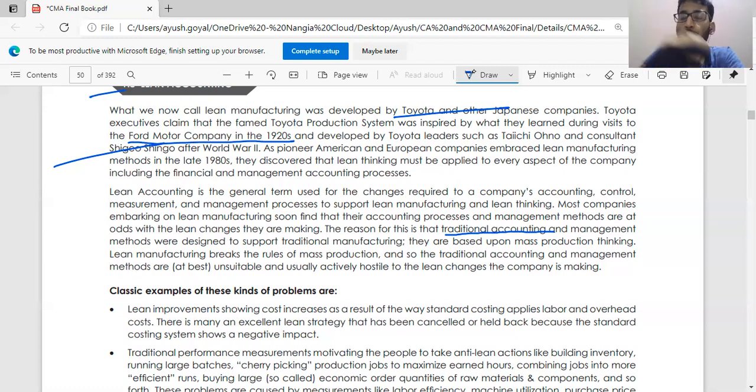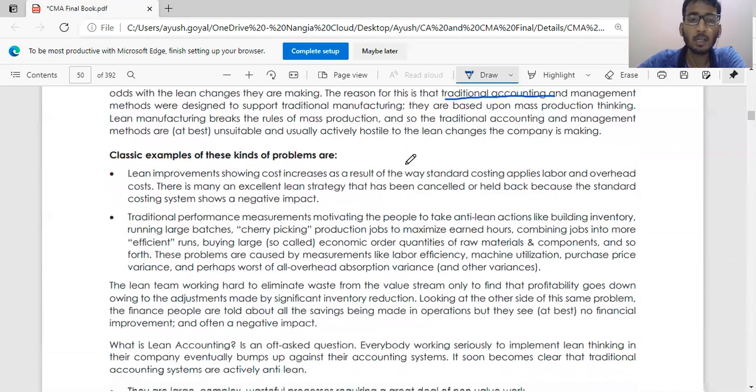When we do decision making, you will come to know what the value of fixed cost in decision making is. Earlier, fixed cost also used to be considered for decision-making purposes. But now, in modern day costing, in the changing environment, decision-making is kept somewhat separate. In the same way, traditional accounting also had some flaws related to waste management. So for that, we introduced the lean accounting system.